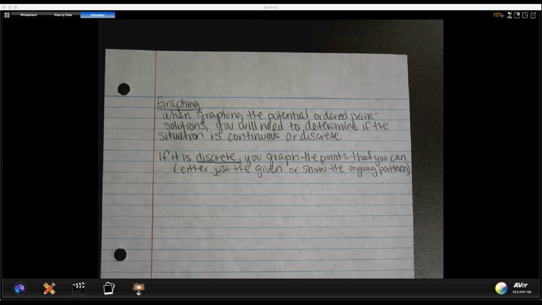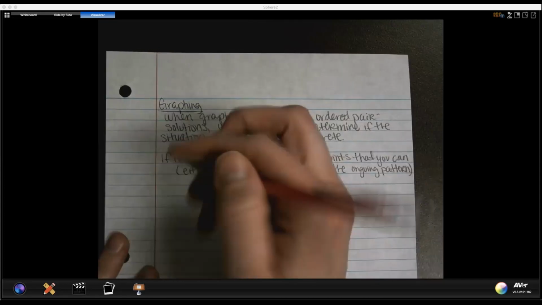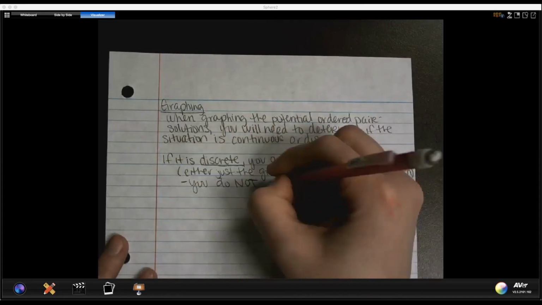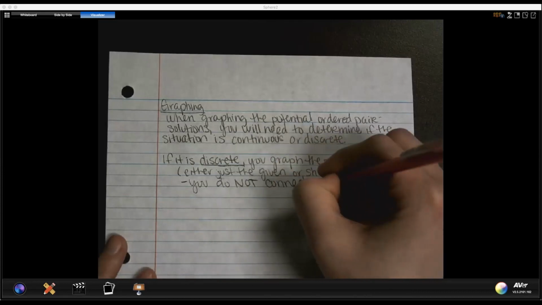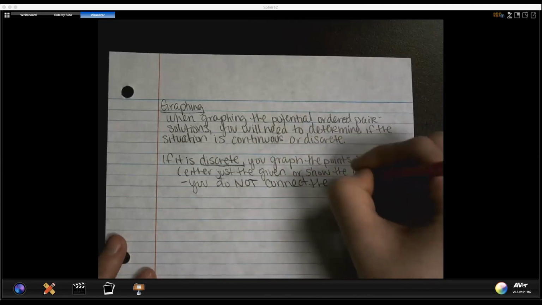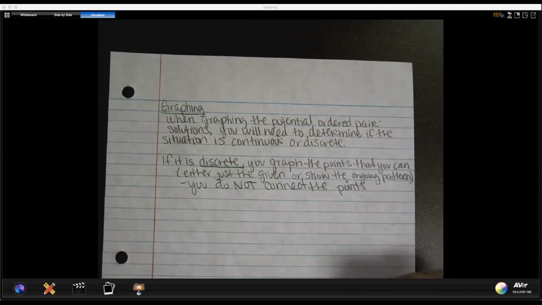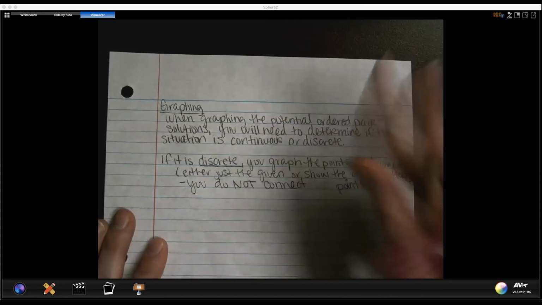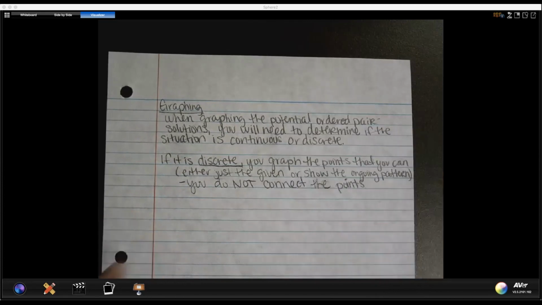Is there information in between the points of discrete data? No, so therefore you do not connect the points. Because there's not data in between my points, I would not connect my data with those points.